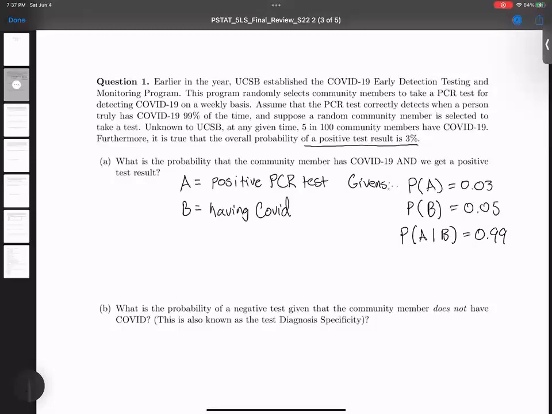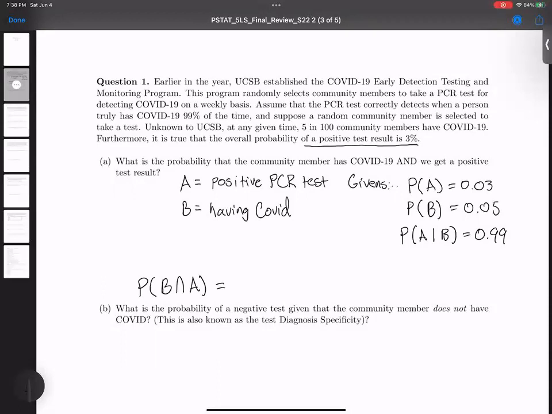What this problem asks is for us to find the probability that the member has COVID, B, and gets a positive test result, A. So the probability of B and A is equal to something in terms of a given probability. You may remember the formula: the probability of A given B, the 99% over here, is the probability of A and B divided by the probability of B.